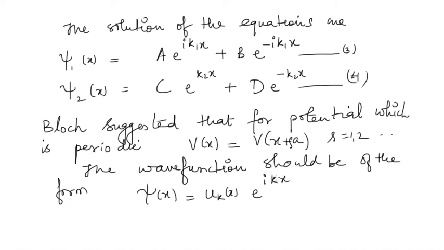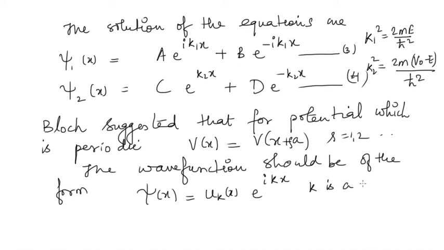Please don't get confused with this k and k1 and k2. Those are related to the energies. Here k1 square is 2mE upon h cross square, and k2 square is 2m(V0 minus E) upon h cross square.